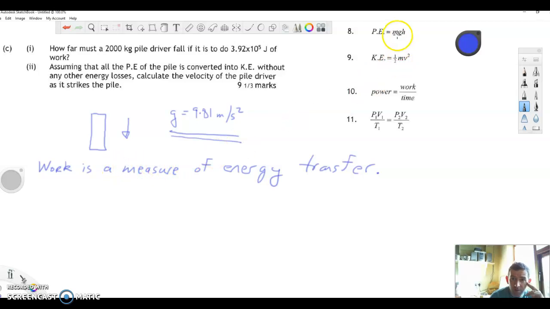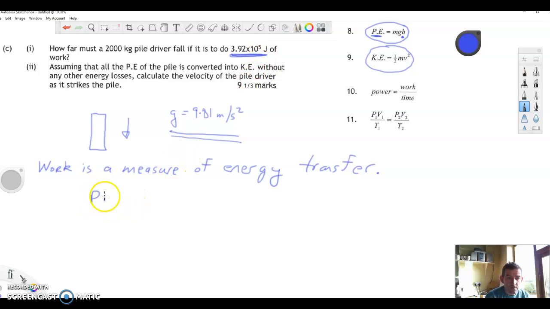So we're going to be using these formulas here: PE, potential energy, and kinetic energy. For the falling pile driver, how far must it fall until it has transferred this much potential energy, that many joules, from potential energy to kinetic energy?